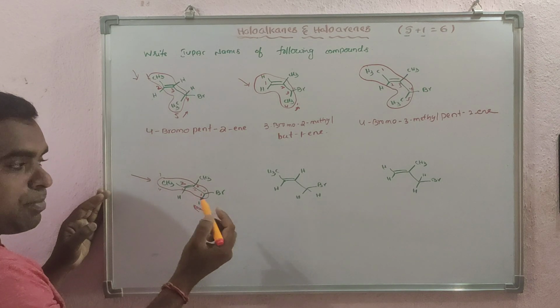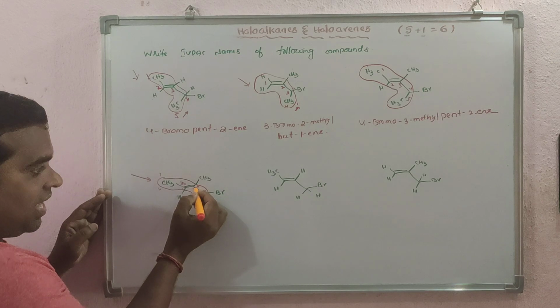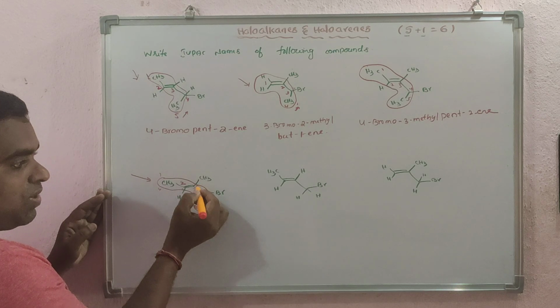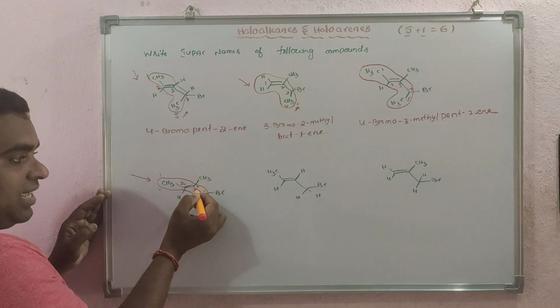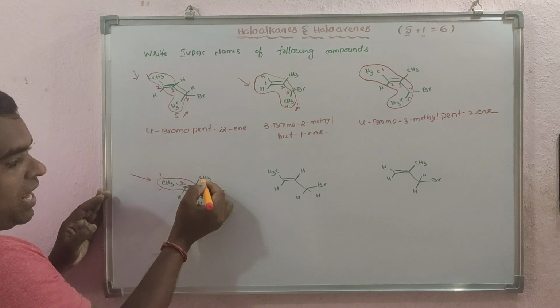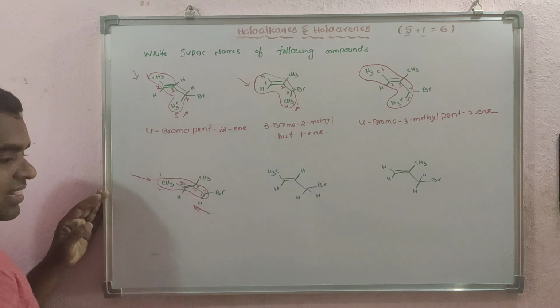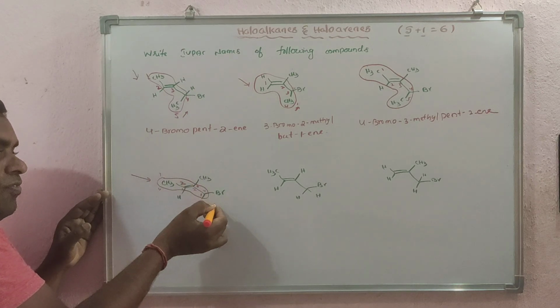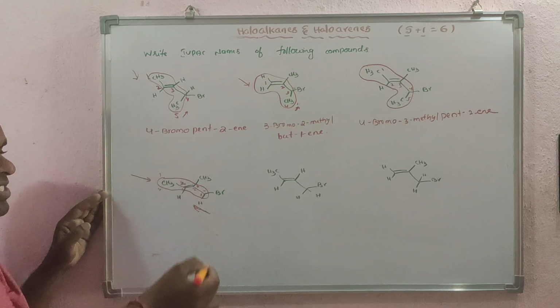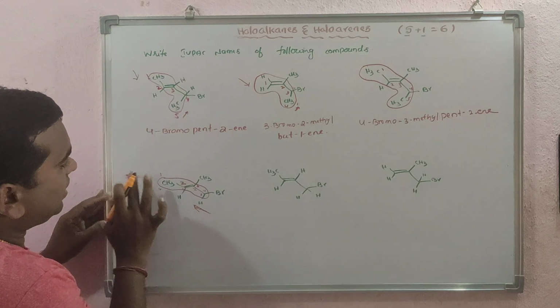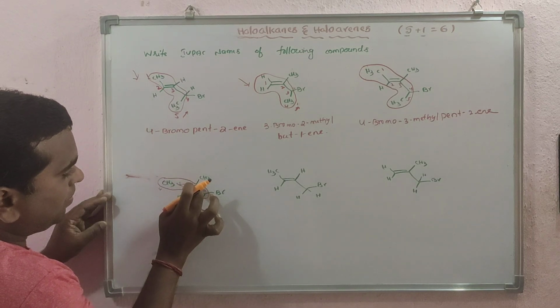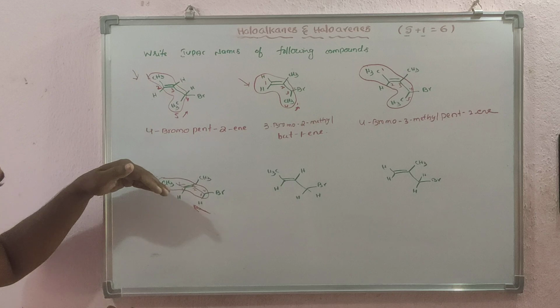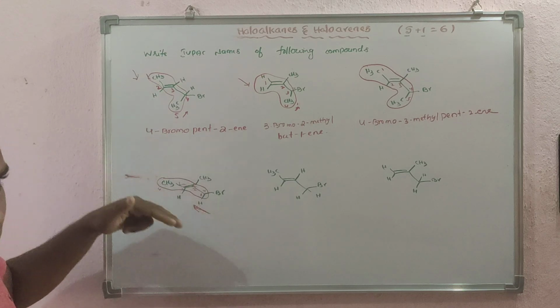So if you see the sum of the locants, here 1 and here 2, so 1 plus 2, 3. Clear? And another substituent is there, methyl. So if you see the sum of the locants, you will get the lowest if you start giving numbering in this way. So you should not give the numbering from the other way, because in both cases the double bond carbon is getting 2.